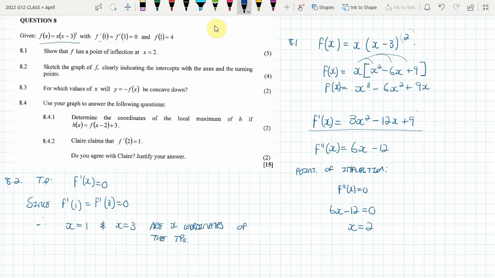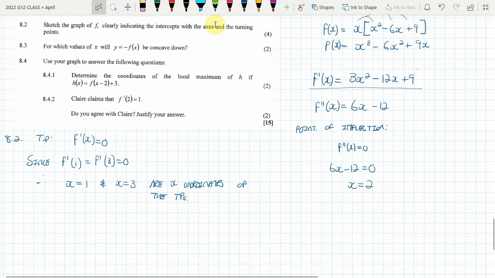So now we need the y coordinates of the turning points so we can locate the points in full. To get the y coordinates, we must plug the x values of the turning points into the equation of f.